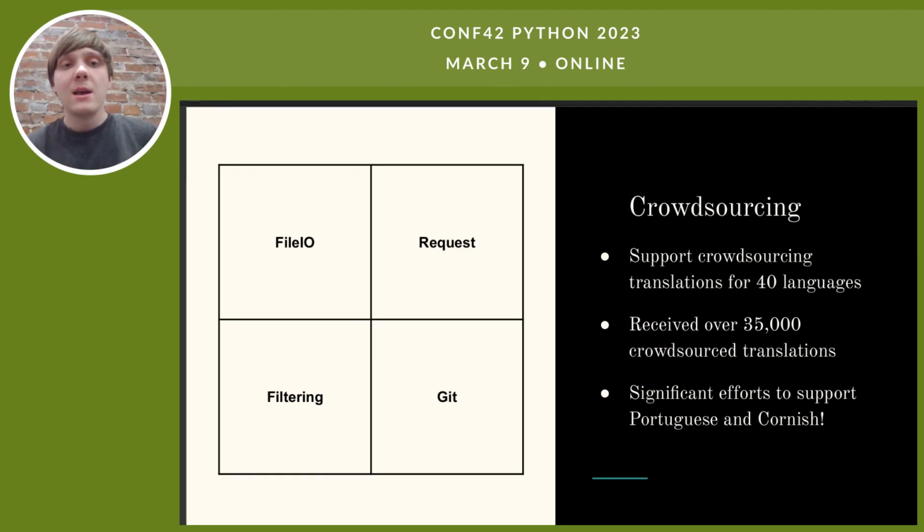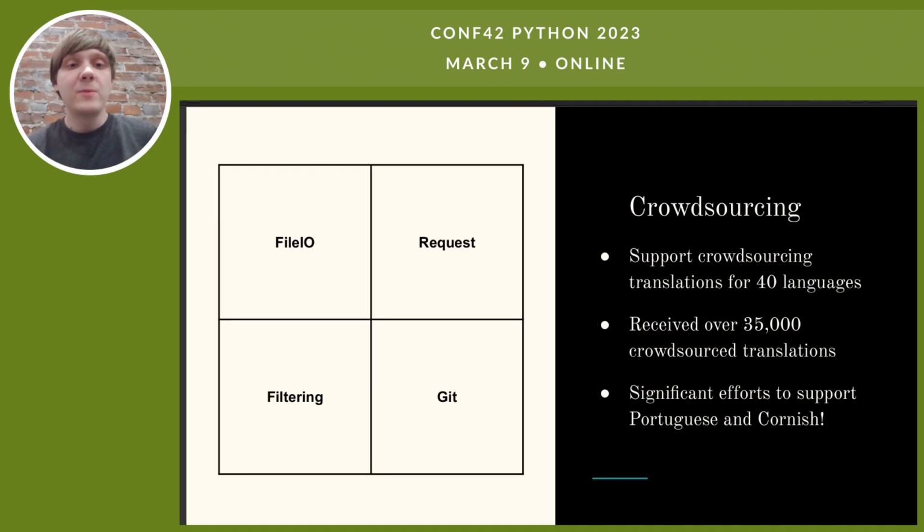So again, we use file I/O, where basically we're reading in all kinds of past data submissions that act as a sort of basis for some of our translations. Then we make requests to our Google Sheets and various sources where the crowdsourcing data has been submitted.